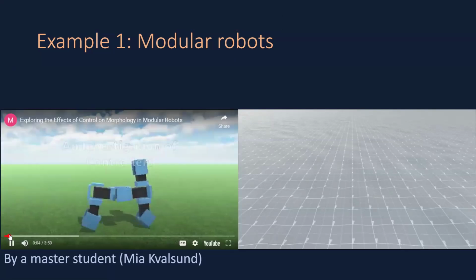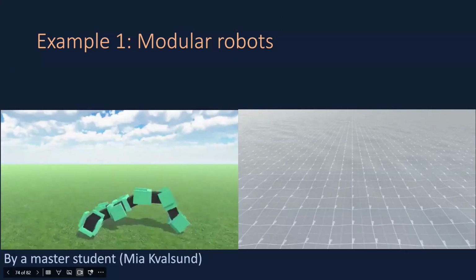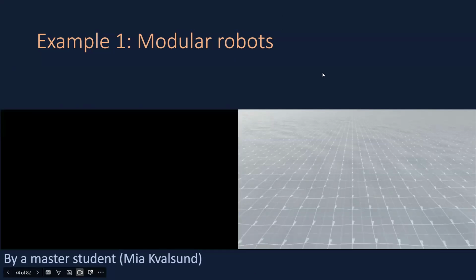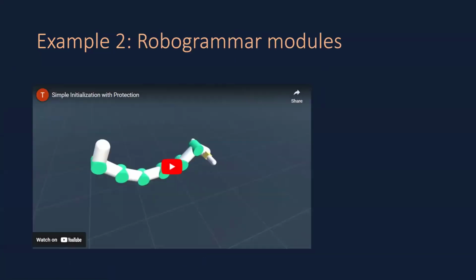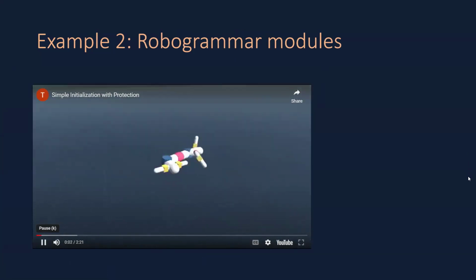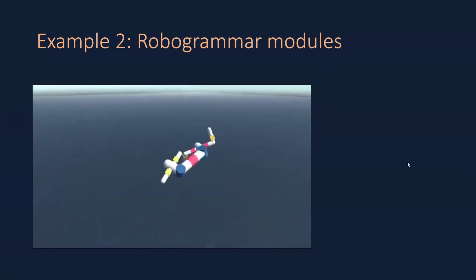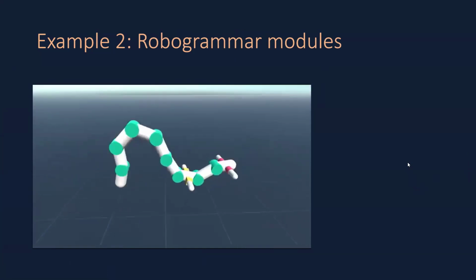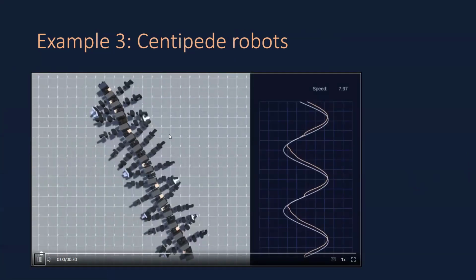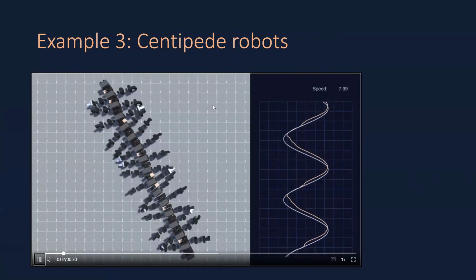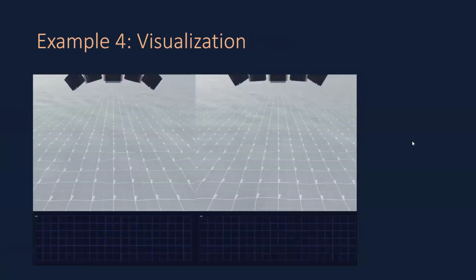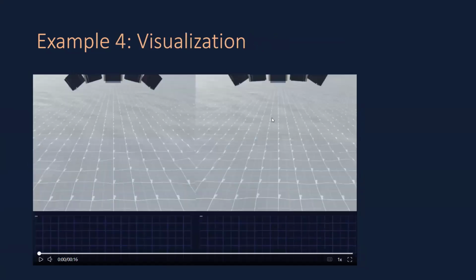Most interesting is that we can evolve these two guys, comparing different controllers. And this is just testing the RoboGrammer modules in this framework. We also used it to simulate some centipede-like robots to investigate walking patterns of centipedes. And yeah, I just want to show this.